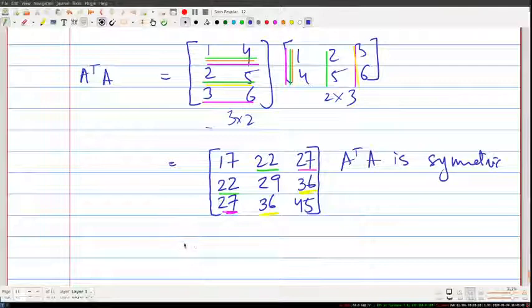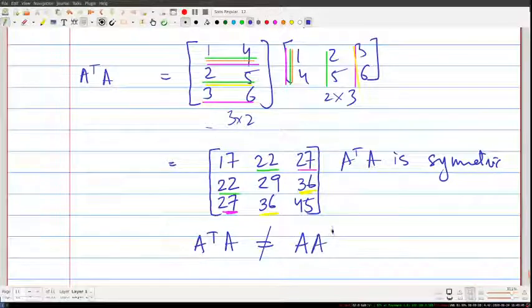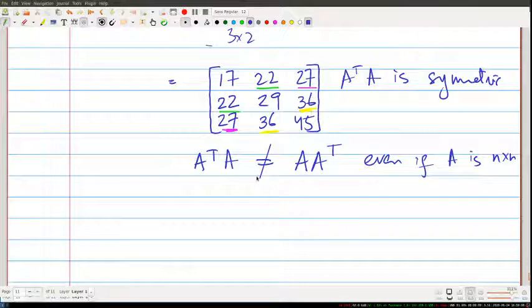So A transpose A is not in general going to be A transpose, even if A is n by n. In general, you won't get this result, right? You can try it out with a 2 by 2 matrix. You probably won't get the result that A transpose A equals A transpose.